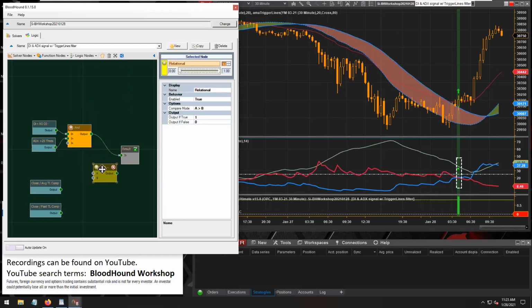Let me take a look at the relational node. No, I don't think it's going to be the relational node. Yeah, so the relational node is more for fuzzy logic comparisons, and we're not using fuzzy logic in this case.